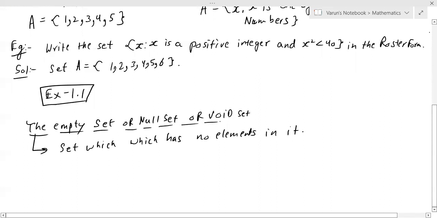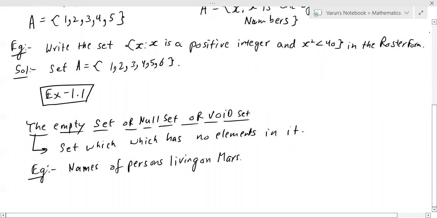Let's take one example: names of persons living on Mars. How many elements do you think this one will have? None, right?